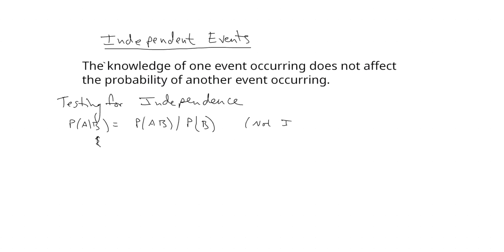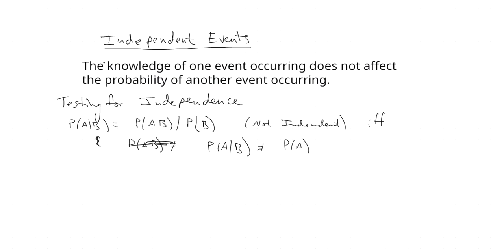A and B are not independent if and only if the probability of A given B does not equal the probability of A. So B occurs.